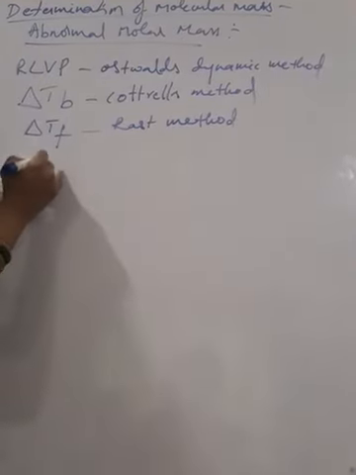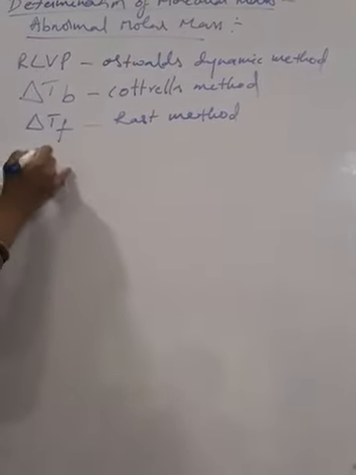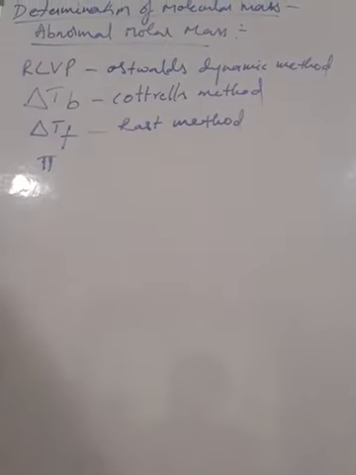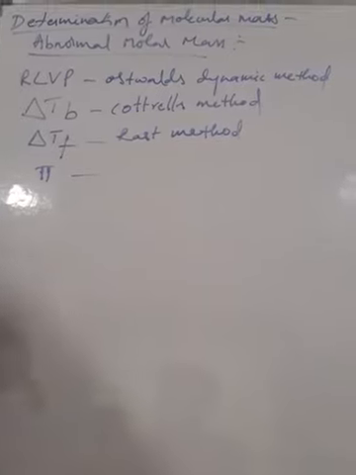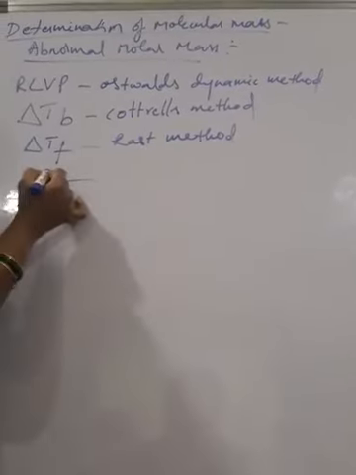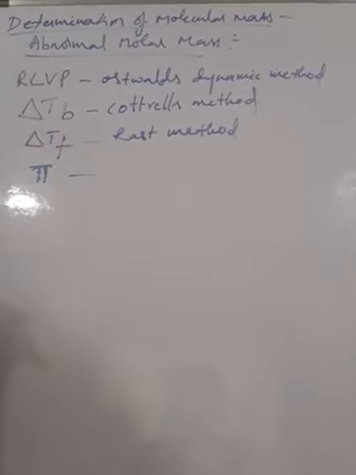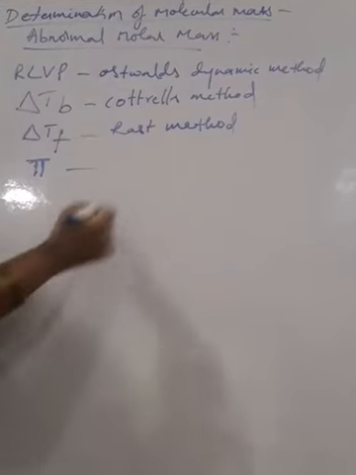Finally, osmotic pressure, which is indicated with pi. To determine molecular mass by using osmotic pressure, generally we use the Berkeley-Hartley method.